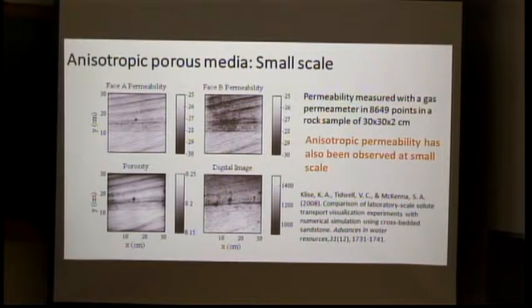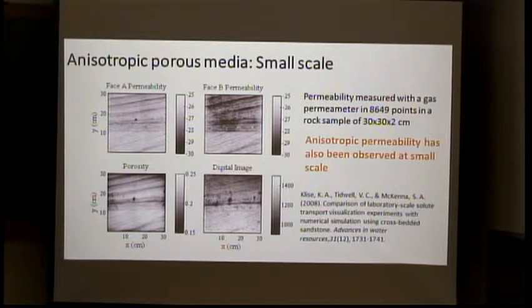What they found is that even at that very small scale, you also have this kind of layering in the properties, in hydraulic conductivity or permeability and also in porosity, which means that even at that scale, probably the right thing to do is to consider that these properties are anisotropic.